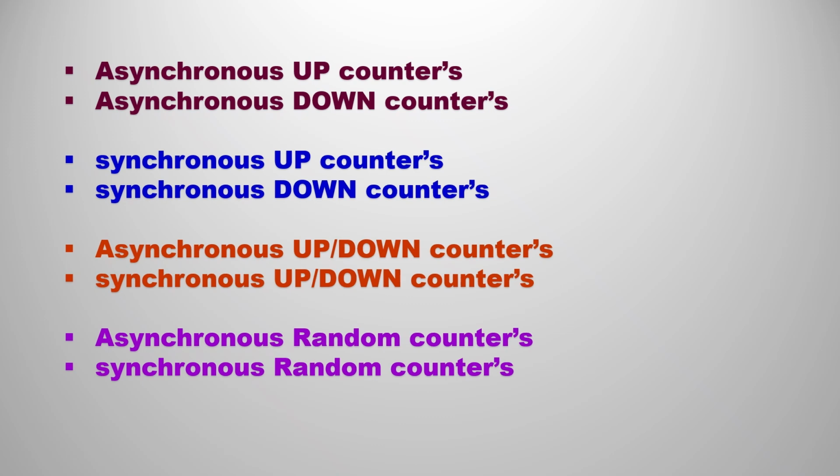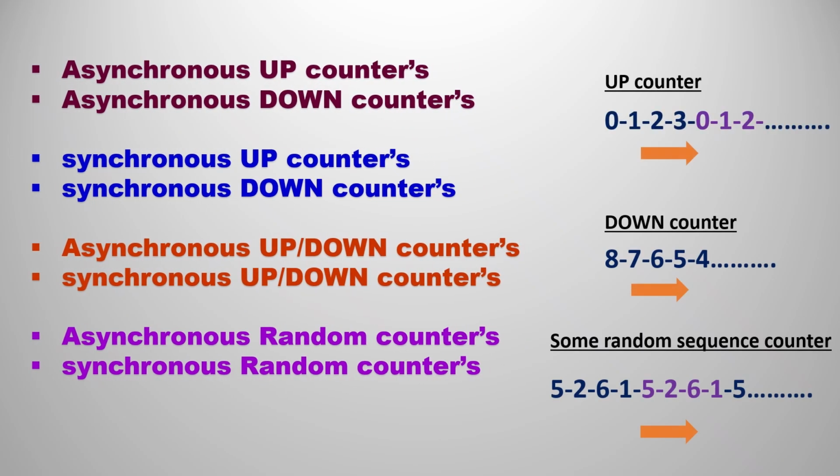I am going to build the 2-bit, 3-bit, 4-bit circuits and so on. We will also have synchronous up-down counters, and asynchronous random counters, which count any random sequence that we want. In the first video I said that we can build whatever logic and whatever sequence we want. So we can build synchronous random or asynchronous random counters also.